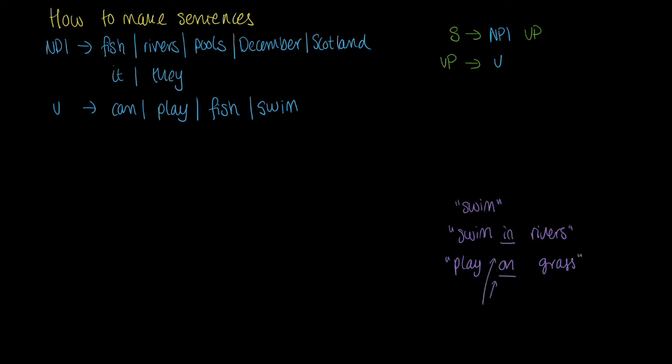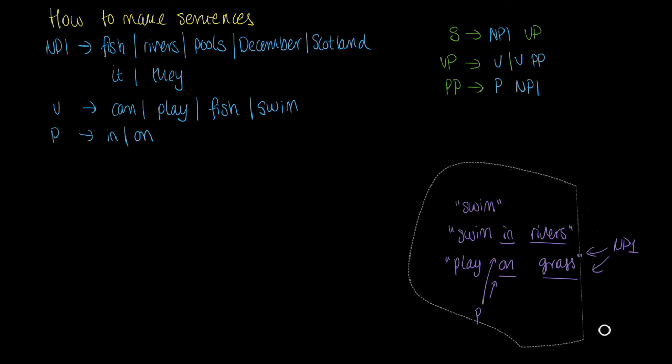The words in and on are prepositions, and grass and rivers are just noun phrases like we've seen before. When we combine prepositions and noun phrases, we get prepositional phrases. And then, using a prepositional phrase, we can say a verb phrase, something like swim in rivers or play on grass, can be made by adding this option, a verb followed by a prepositional phrase.